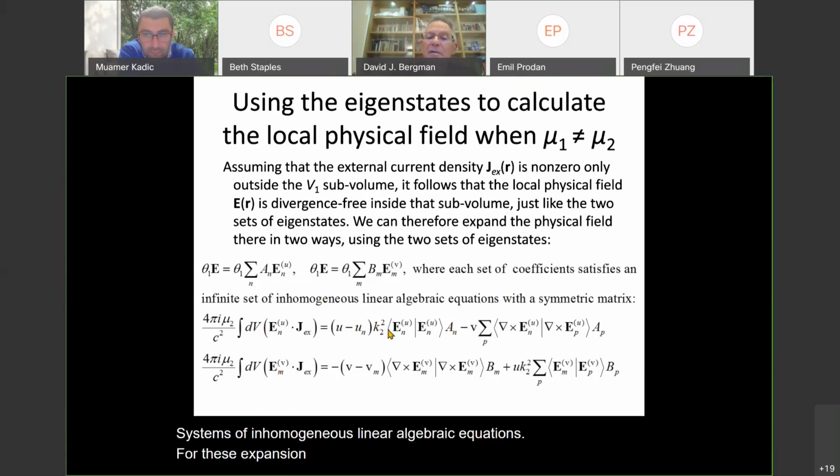This is a system of equations for the A coefficients. This is for the B coefficients. This is the inhomogeneous term.